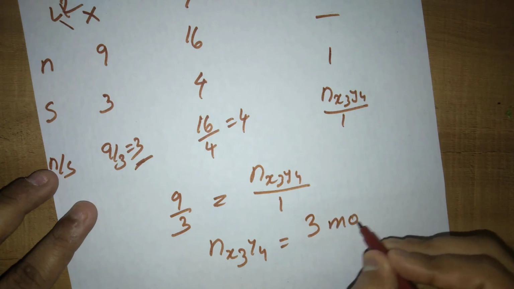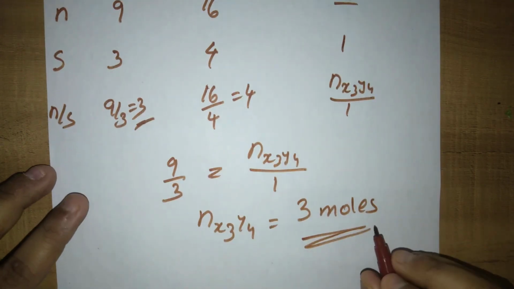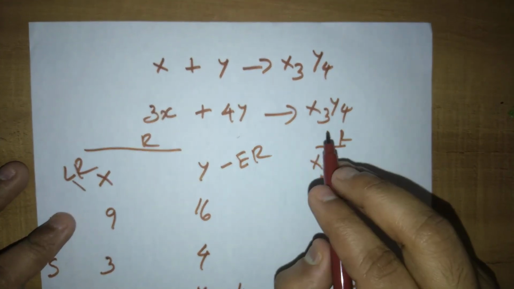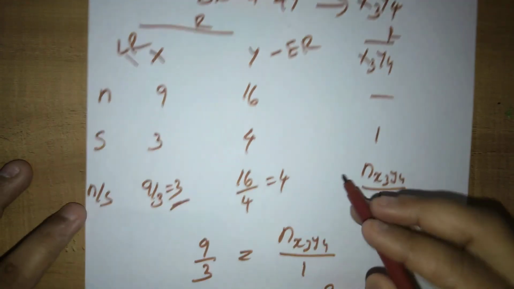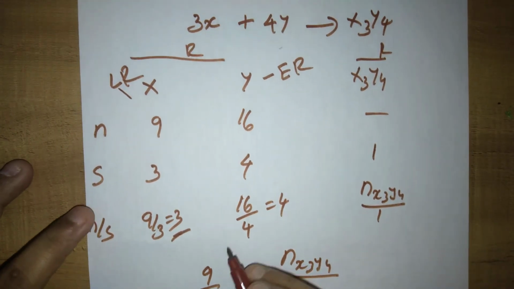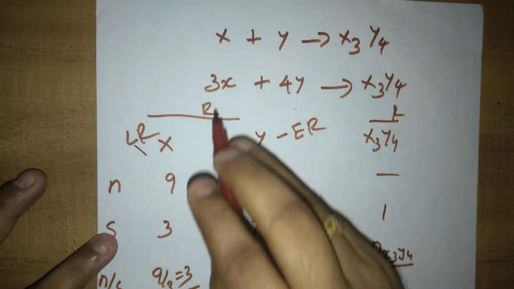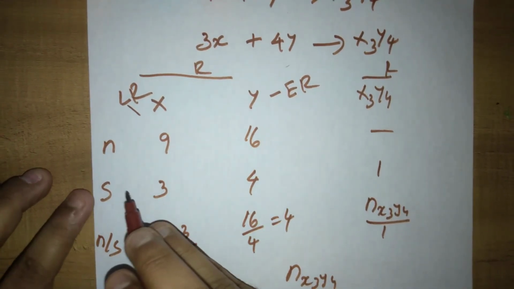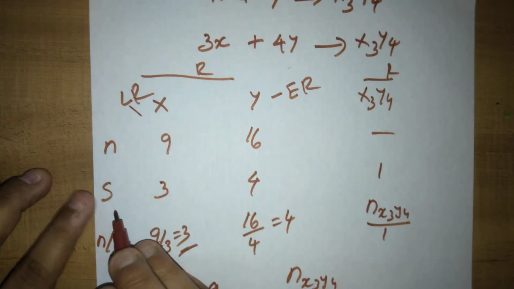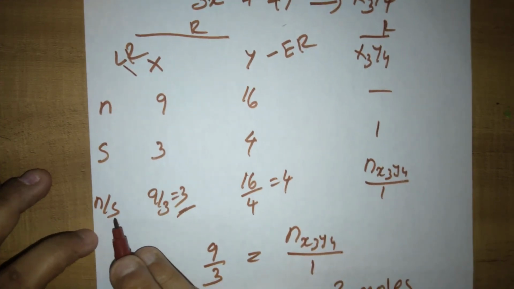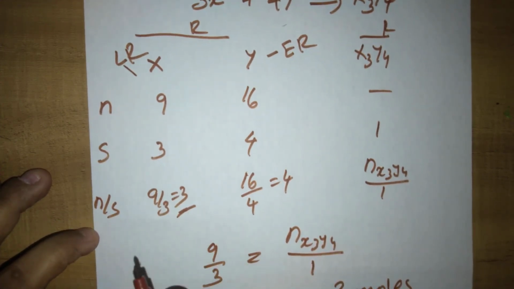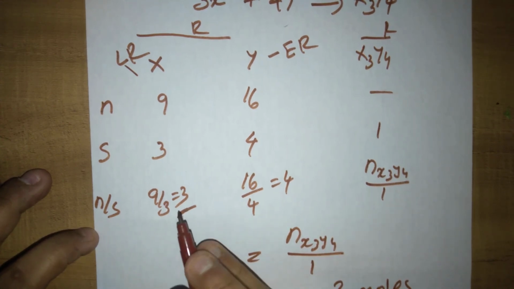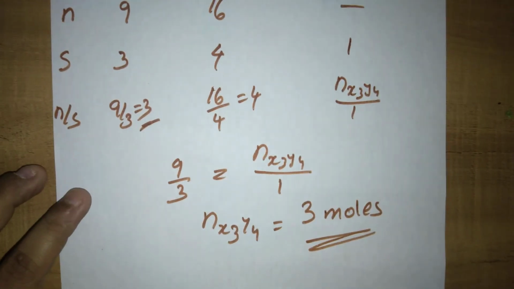That is, 3 moles of X3Y4 will form. So to find the limiting reactant, the steps are: first balance the equation, then take the number of moles of reactants and the stoichiometric coefficients, then find the n by s ratio. The one with the least n by s ratio is the limiting reactant. Okay, thank you.